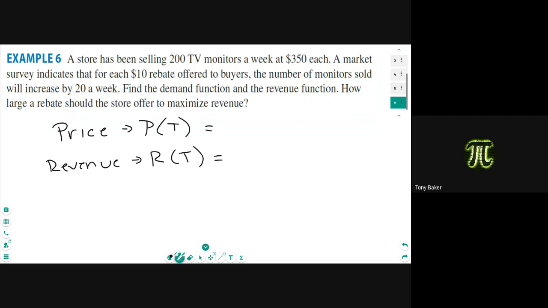The price is how much each TV costs, and the revenue is how much they're bringing in based on how many TVs they sold. So this one right here is T times whatever your price function is. So find me the price of the TV.